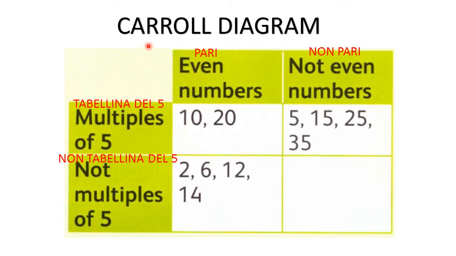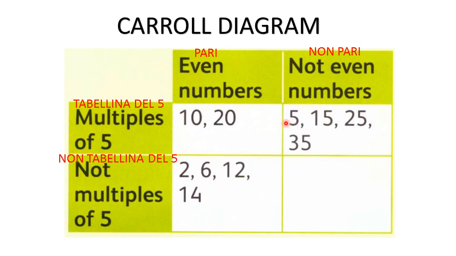Also, try to copy and complete this particular exercise. We have a Carroll diagram with numbers. In the first column we have even numbers. In the second, not even numbers. 10, 20, 2, 6, 12 and 14 are even numbers.